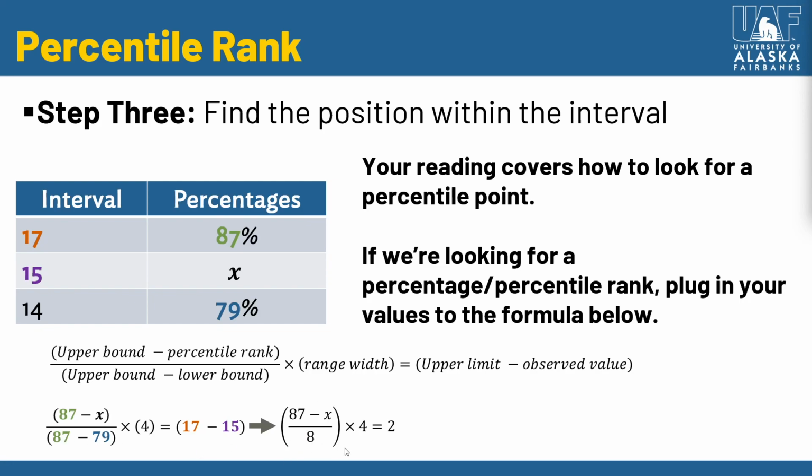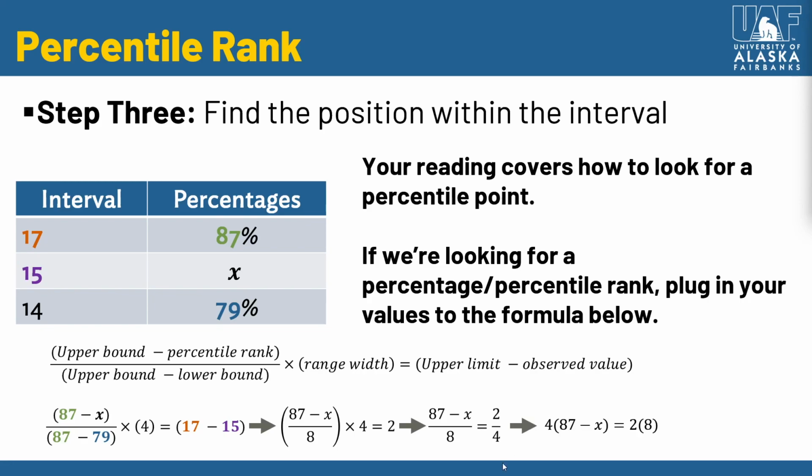Now we've reduced that a little bit. If you recall from algebra, our next step would probably be easiest if we divide both sides by 4. Then we can get rid of the parentheses and this 4. Now we have a fraction problem: 87 minus x over 8 equals 2 divided by 4.